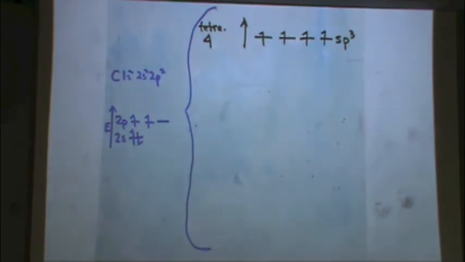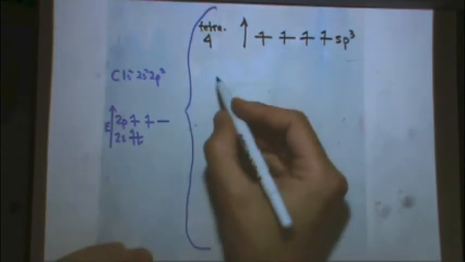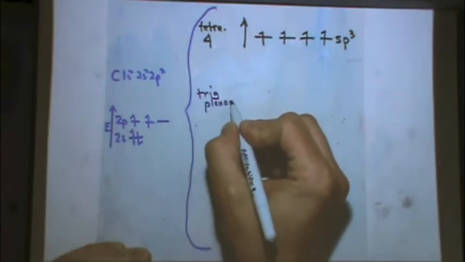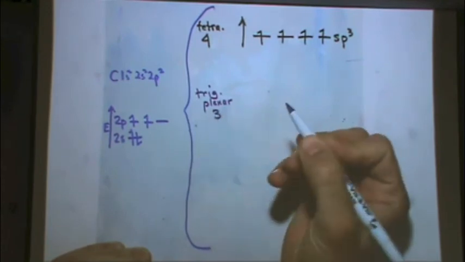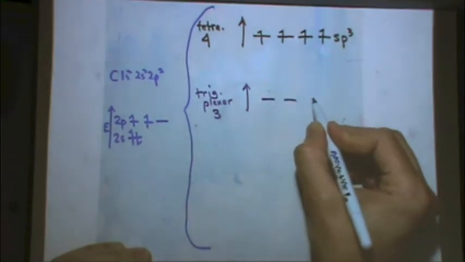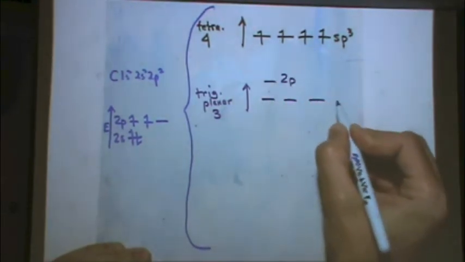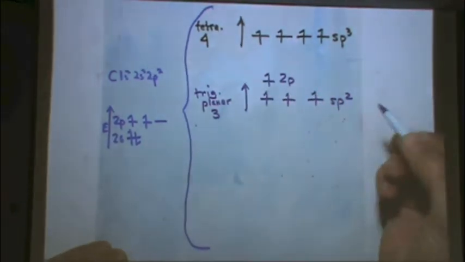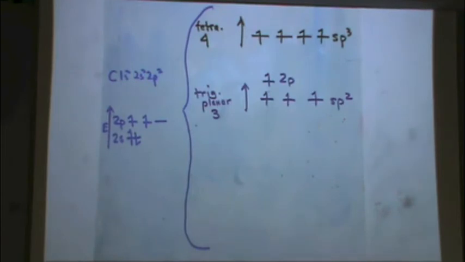If it's in a differently shaped compound, say trigonal planar, with 3 groups, it has a different bond angle, so it's going to hybridize differently. One of the 2 P's will stay unhybridized and the other 2 P's will hybridize with the 2 S. So it'll look like that. Those are the 2 things we did last time.